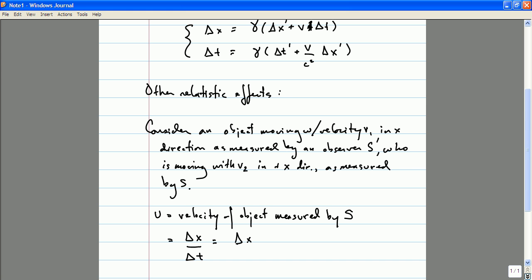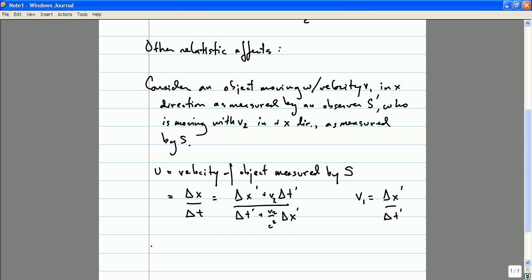And so we obtain for the velocity u = (delta x prime + v delta t prime) divided by (delta t prime + v over c squared delta x prime). So I guess I should say v2 here, because I'm using the Lorentz transformation law that relates time separations as measured by me to time separations as measured by you in frame S prime, moving with a relative velocity v2. Now we can write this in a more suggestive form by noticing that the velocity of the object v1 as measured by you is just delta x prime over delta t prime.